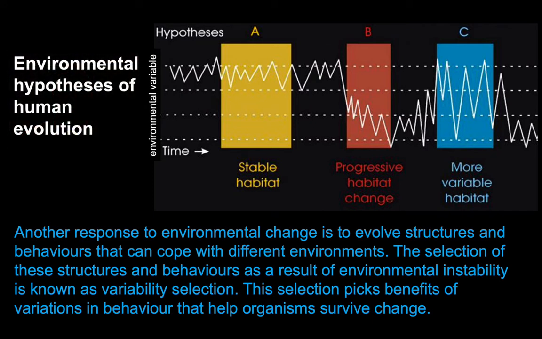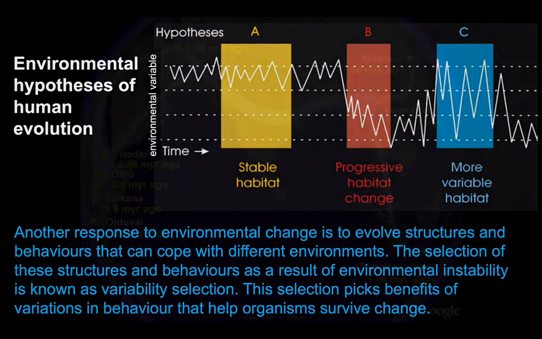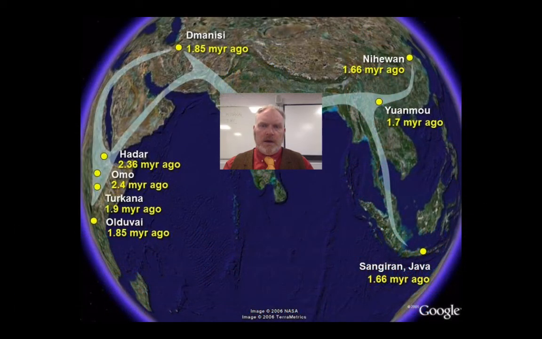Let's have a look at some of the evidence for this. This is a map showing the migration of early hominins out of eastern Africa, where the earliest ones evolved. We have various different fossil sites across Africa and southern Asia with their dates.